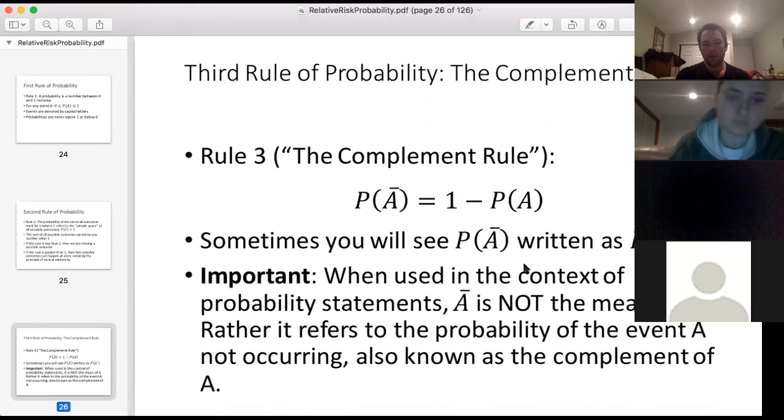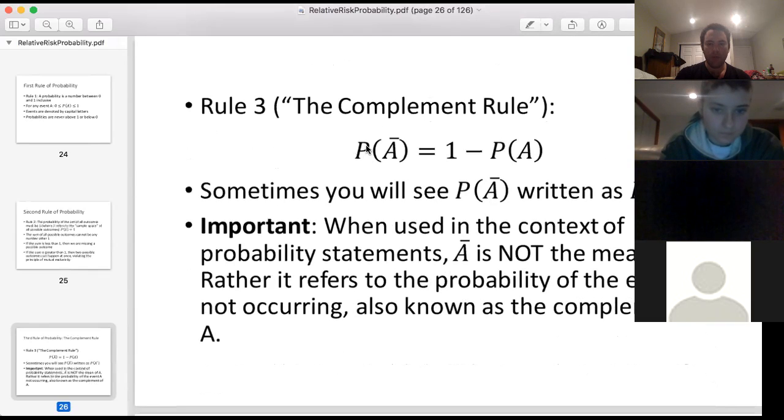Now, the third rule is called the complement rule. The complement rule says that the probability of not A, and the little hat on top of the A means not A, is equal to 1 minus the probability of A, because 1 is the total of the options here, right? So if we have the probability of heads or tails, they would together equal 1.